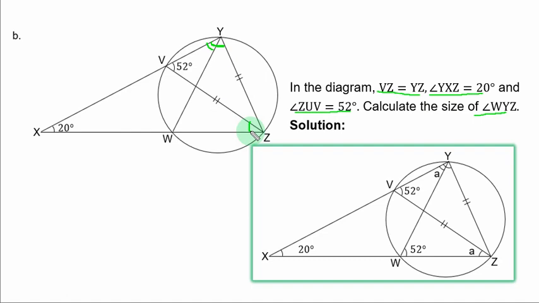So we put all of these into consideration in an attempt to get WYZ. That is, we are looking for this whole angle WYZ.